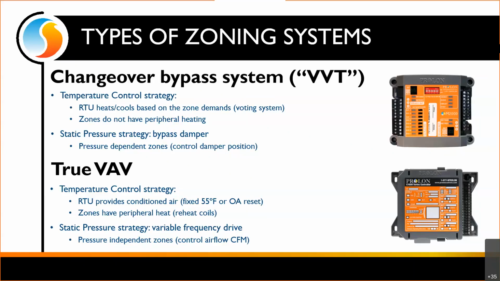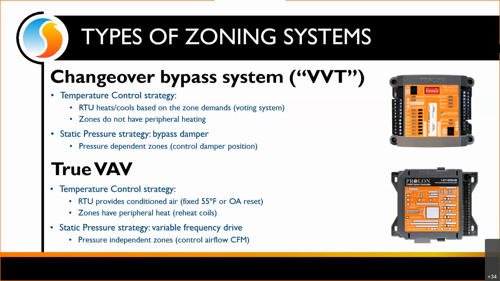For example, in a VVT setting, generally the zones do not have any kind of reheat, because the unit is supposed to supply hot and cold air to the spaces. However, I have seen in my experience some VVT systems where some of the zones might have some peripheral heat. So just because these are the general guidelines, it doesn't mean that every system is set up exactly like this.